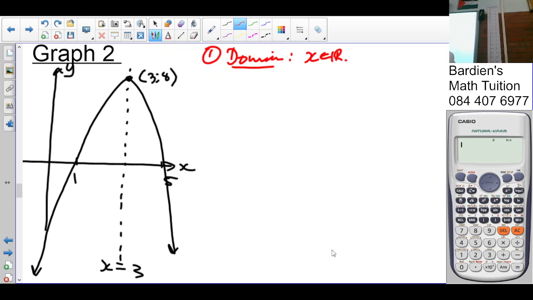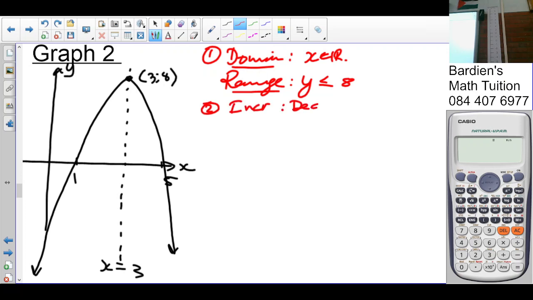Not so? Let's look at the range of this graph. What is range? All possible y values. So what's the range on this graph? Y is less than or equal to 8. Second question was increasing and decreasing.